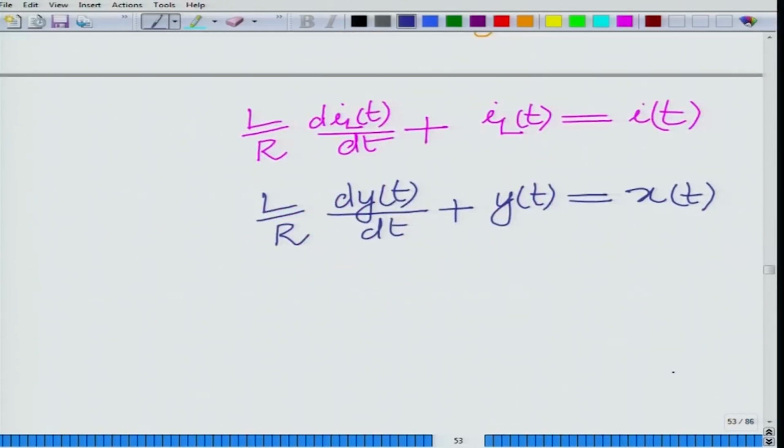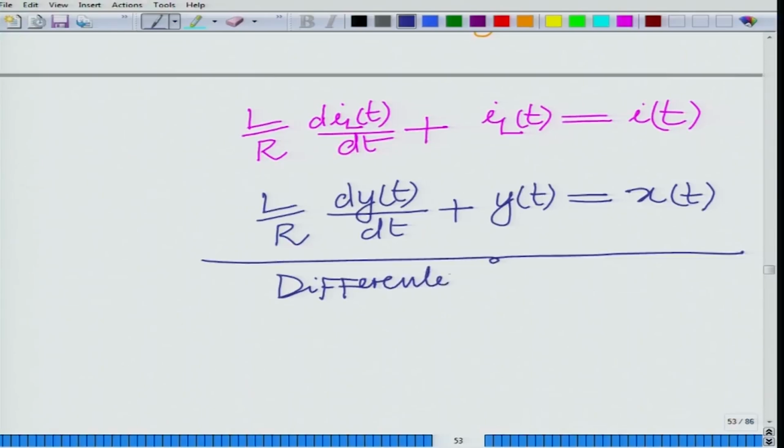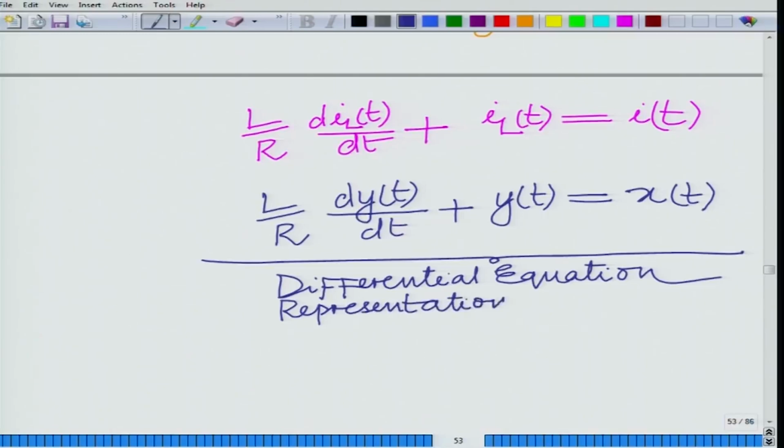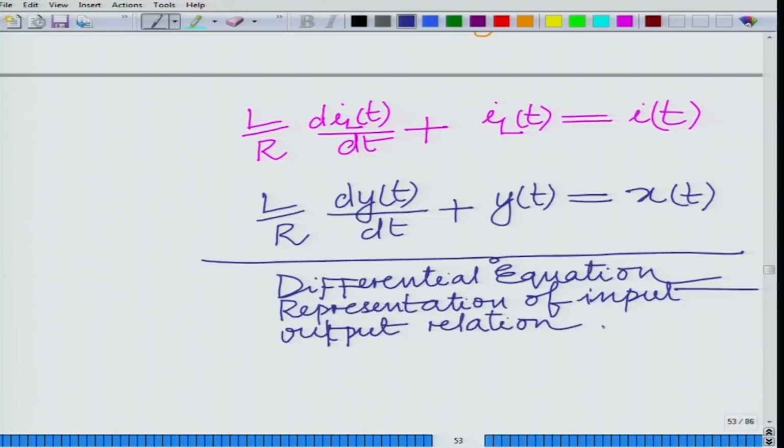So this is the differential equation representation of the input output relationship.